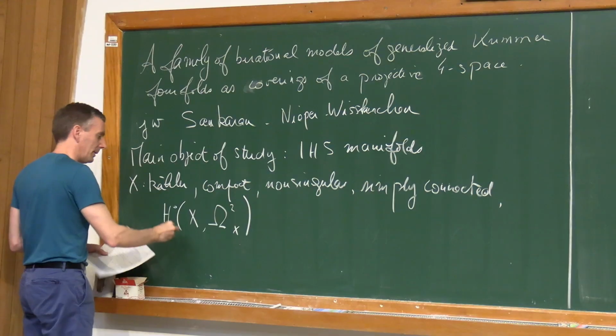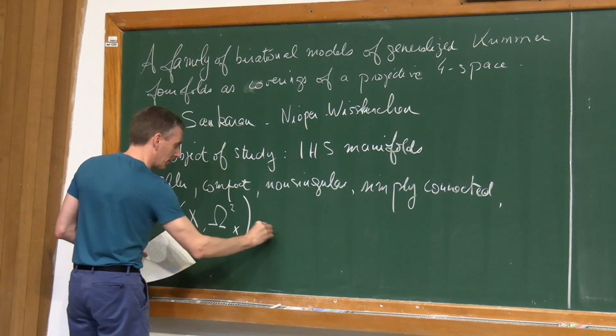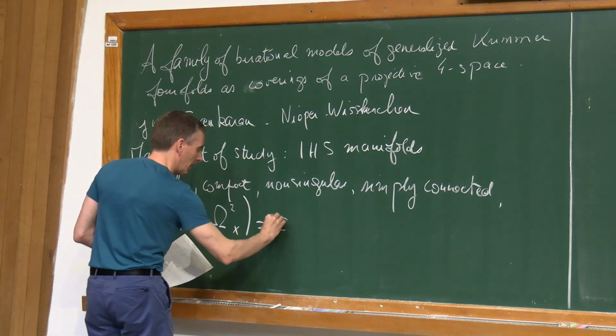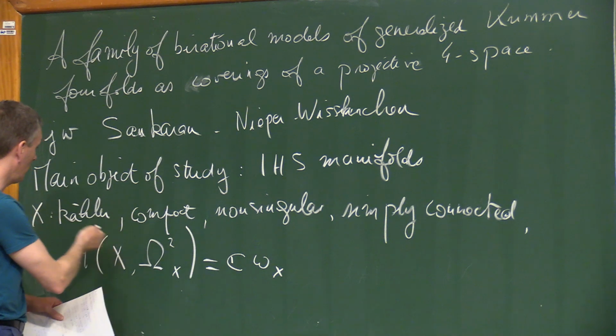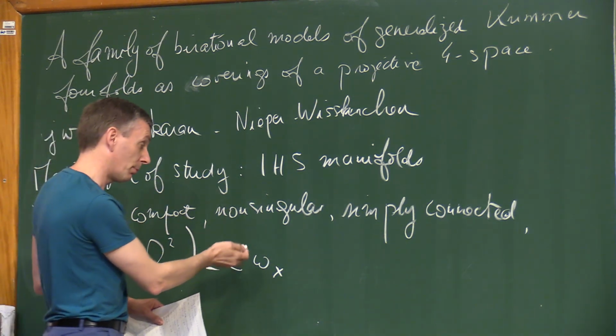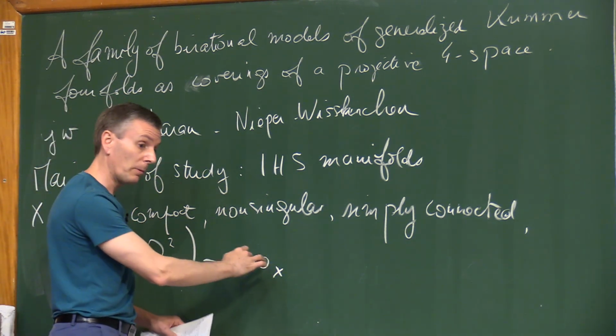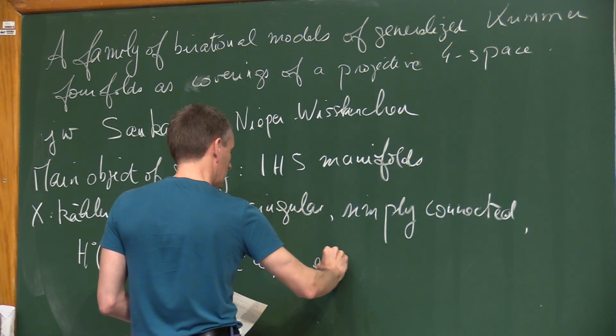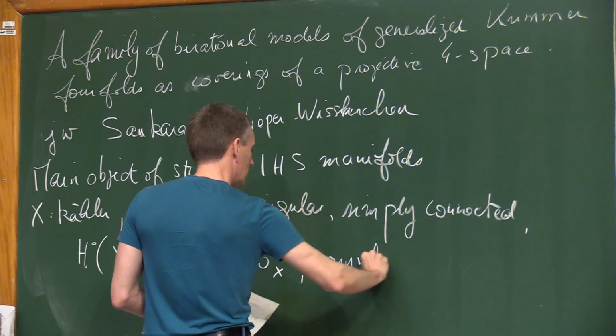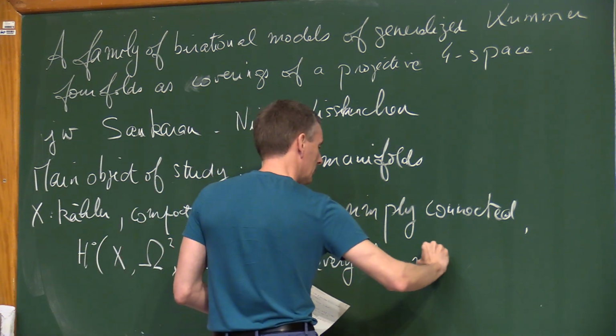So the space of sections of holomorphic two-forms is one-dimensional and generated by one form, which is, of course, closed because it's scalar. And what is important is that this form is everywhere non-degenerate, so it is a symplectic form.